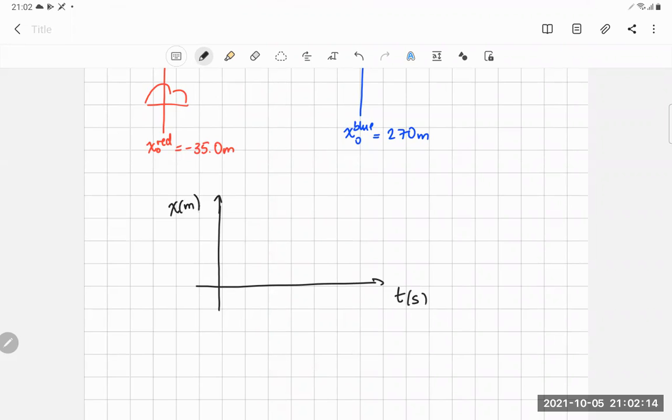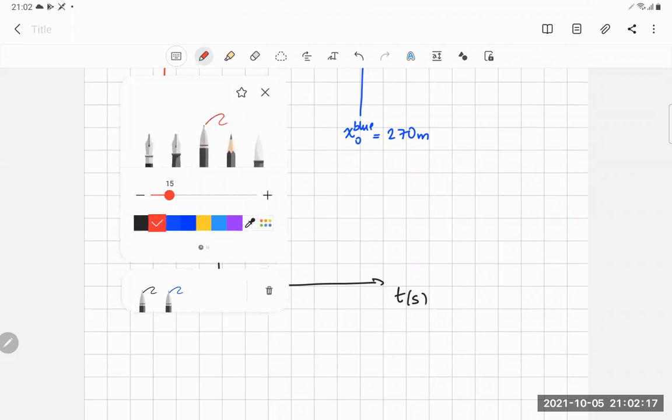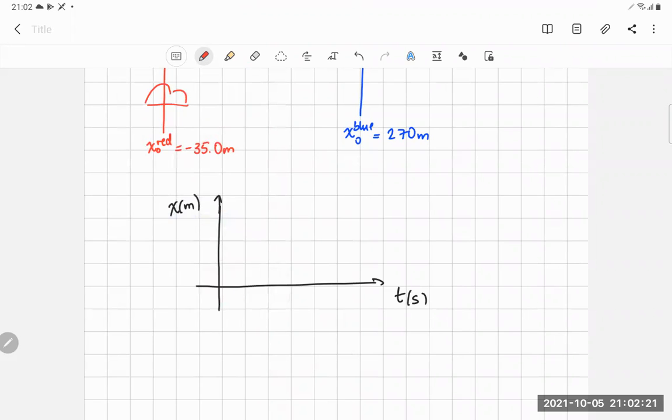For the red, as they told us, it starts at a position that is negative, right? So it starts somewhere here, and you can see by the plot that it is a curved plot, no? So the red car begins at rest, but it has an acceleration.